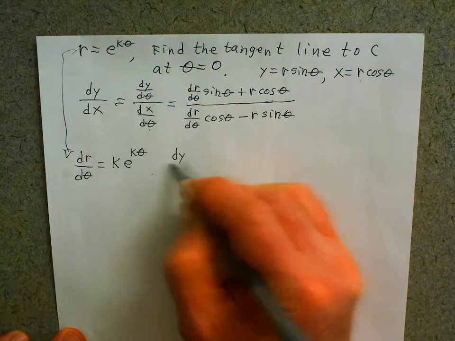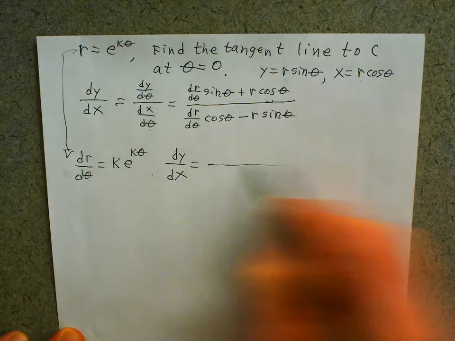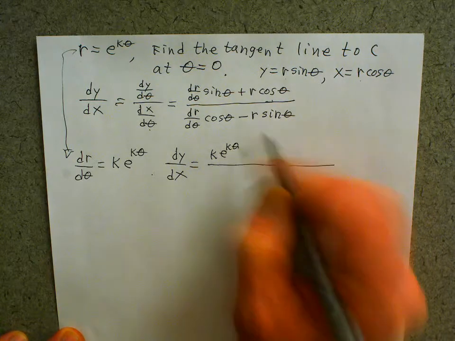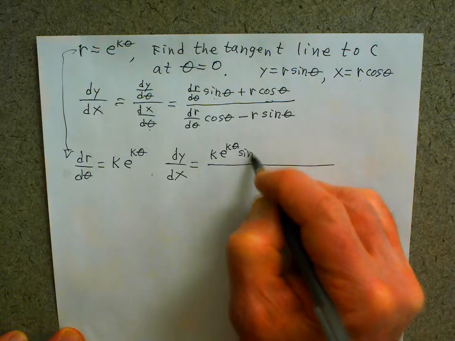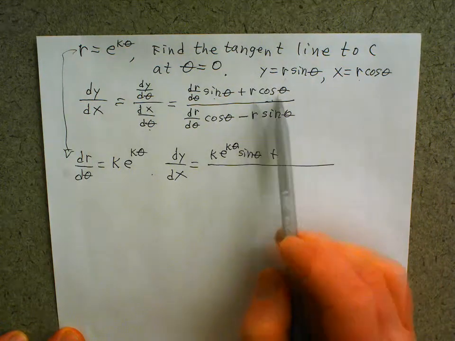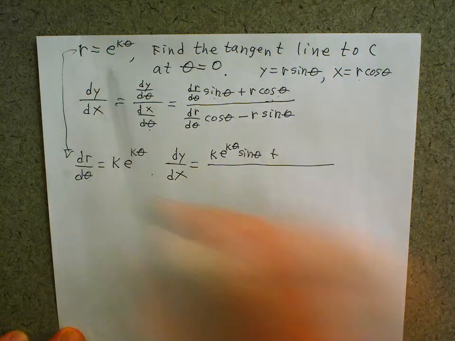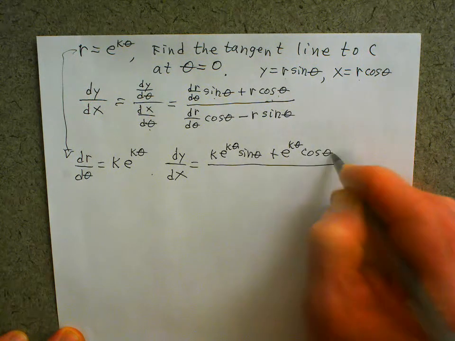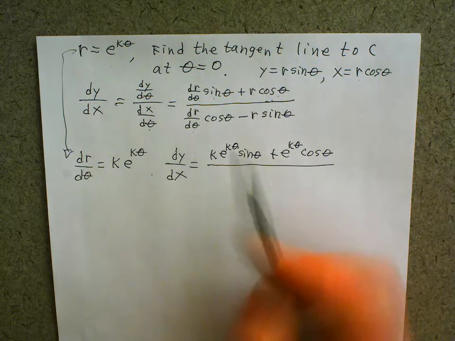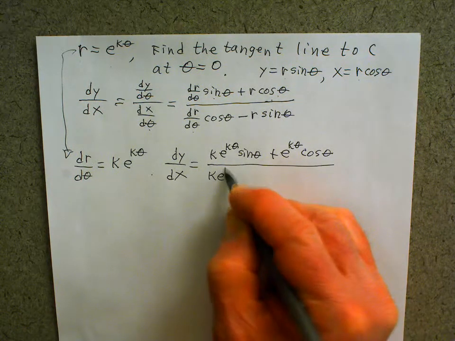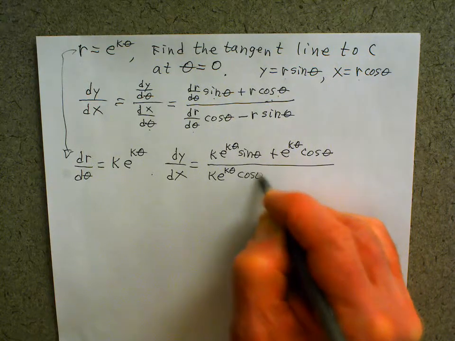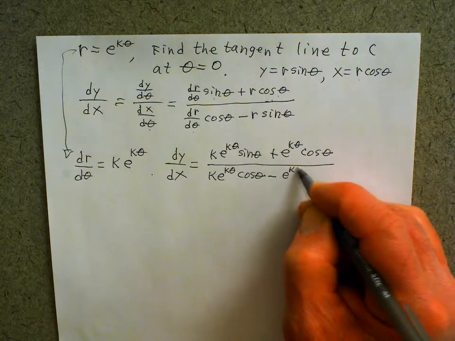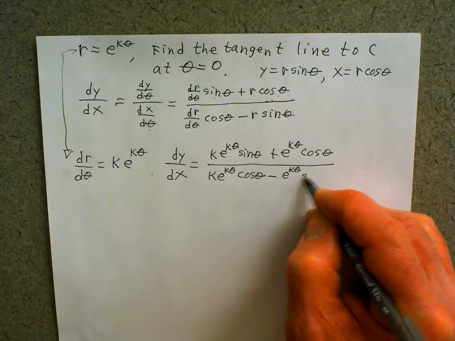So dy dx, dr d theta is k times e to the k theta times sine of theta, and then plus r times cosine of theta, but r is e to the k theta. In the denominator, dr d theta again, so k times e to the k theta times cosine of theta minus r times sine of theta, e to the k theta times sine of theta.